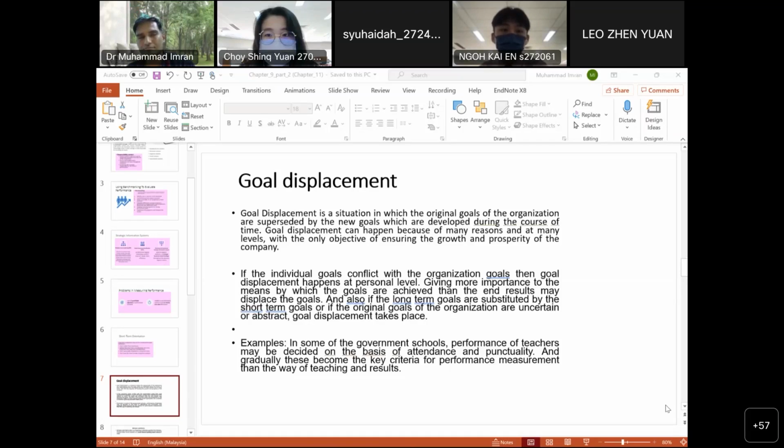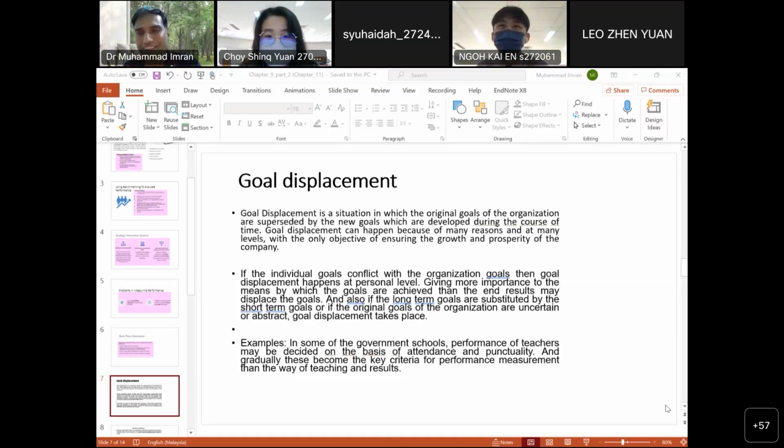Examples: in some government schools, performance of teachers may be decided on the basis of attendance and punctuality. Gradually, this becomes the key criterion for performance measurement rather than the way of teaching and results. So remember these two words. What they planned, they are not going for it.